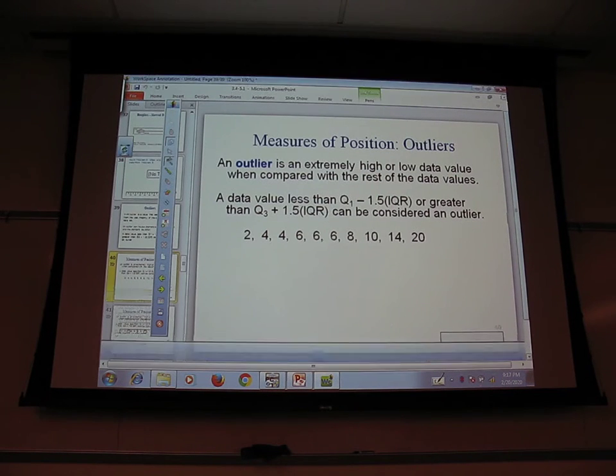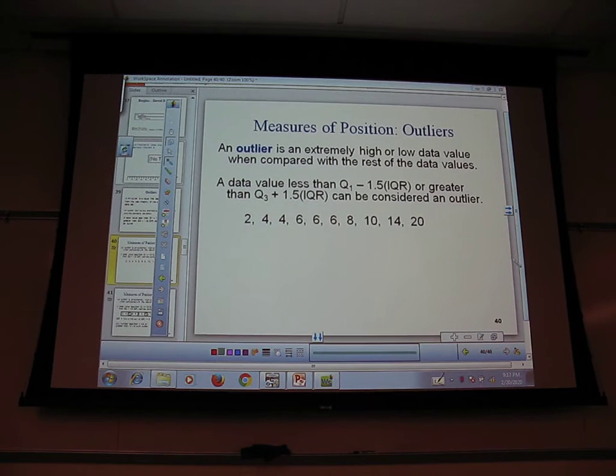Here's an example. Here is my data. I can split it perfectly in half. I need to figure out what my Q1 and my Q3 are. Here, I have an odd number of data items in my lower half, so I just have this as my Q1, right?